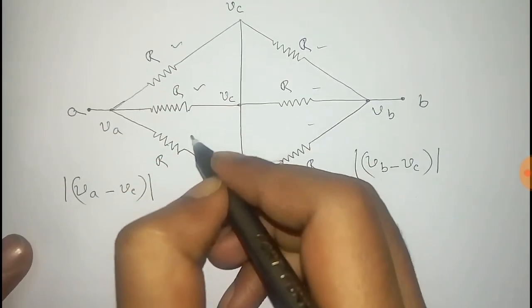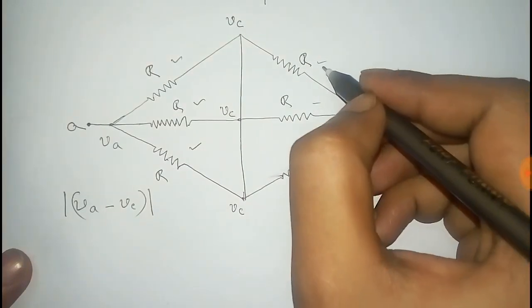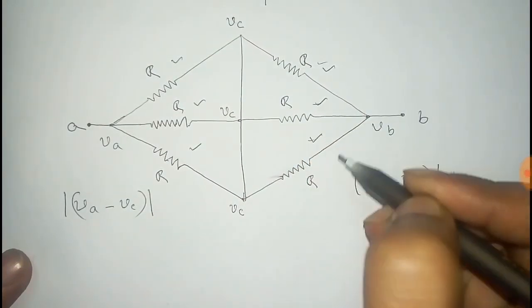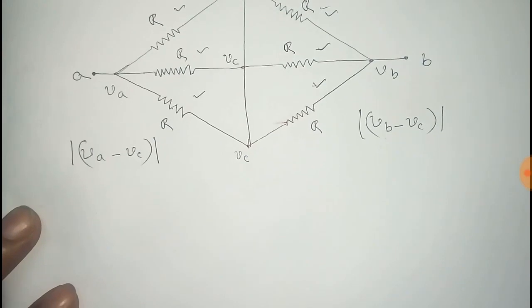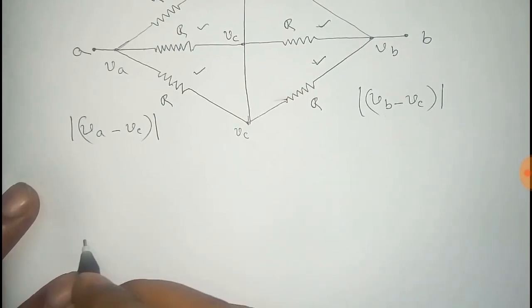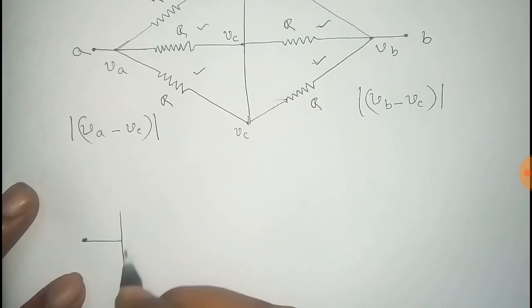So we can say that these three resistances are in parallel connection. Similarly, these three resistances are individually in parallel connection. So the equivalent circuit will be like this.